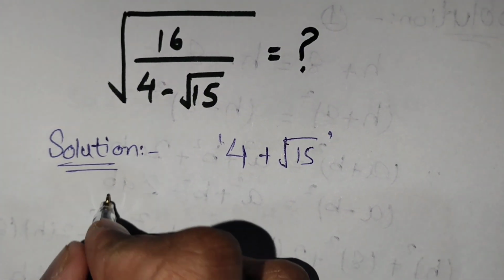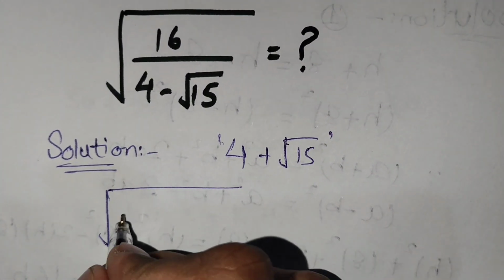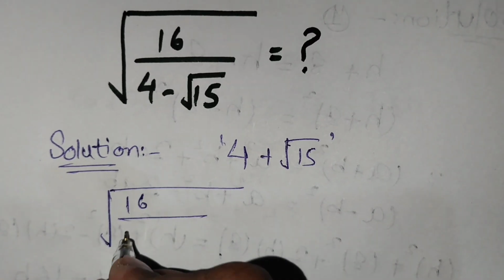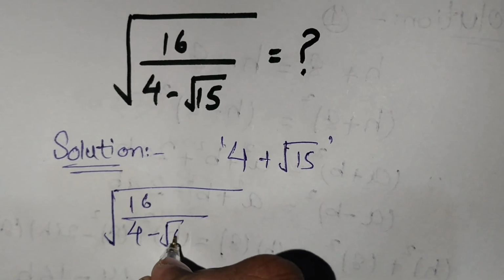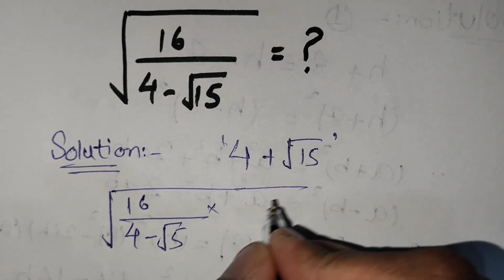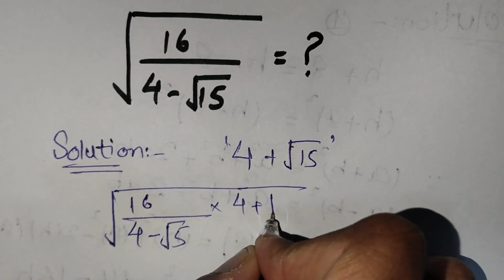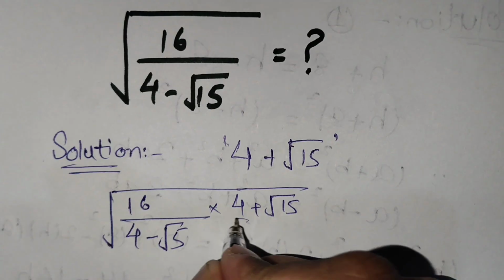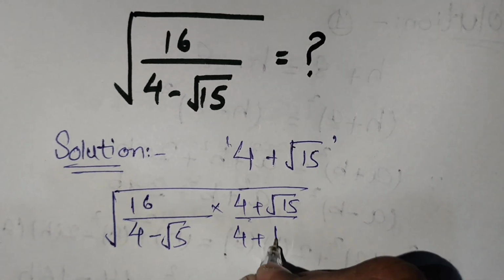So it will be square root of 16 divided by 4 minus square root of 15, times 4 plus square root of 15 divided by 4 plus square root of 15.